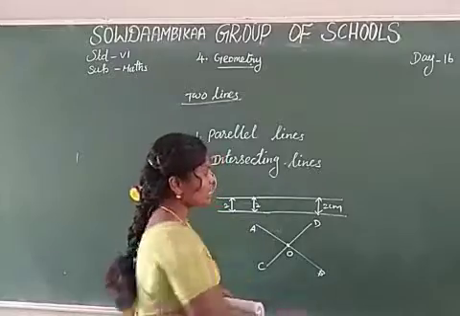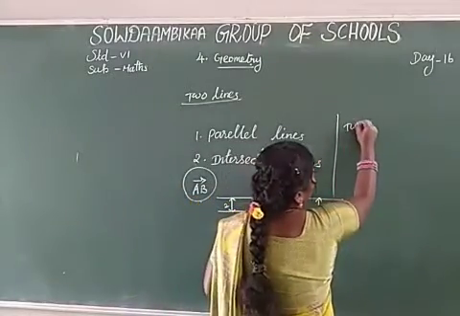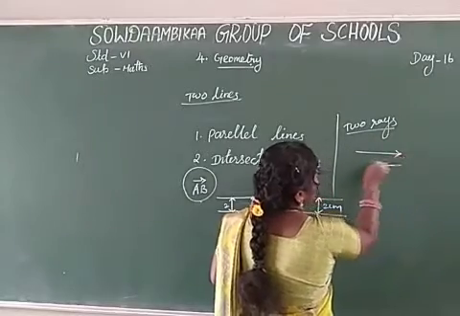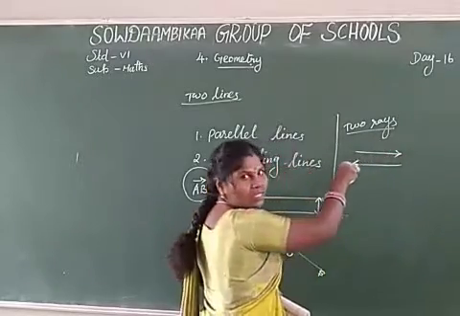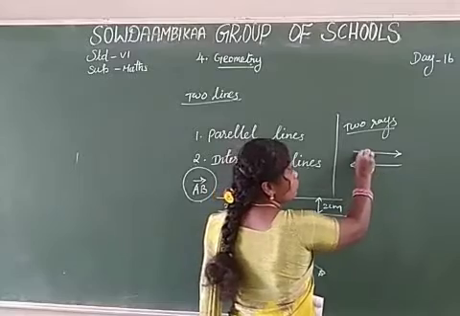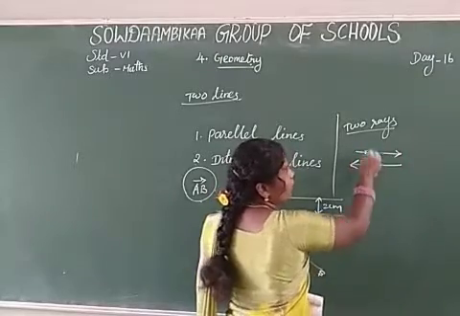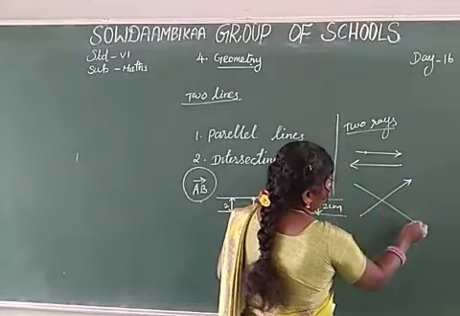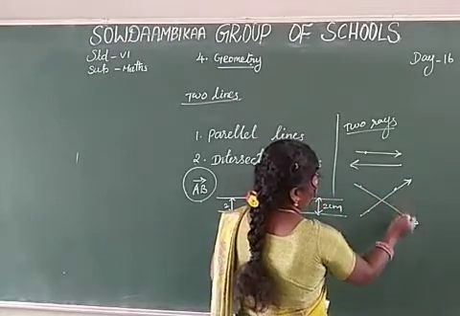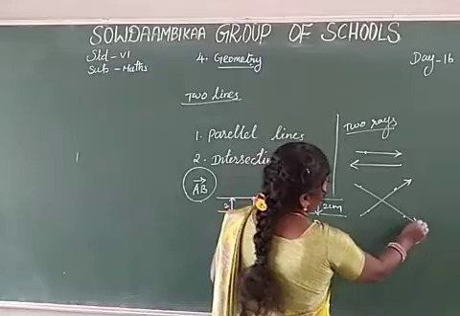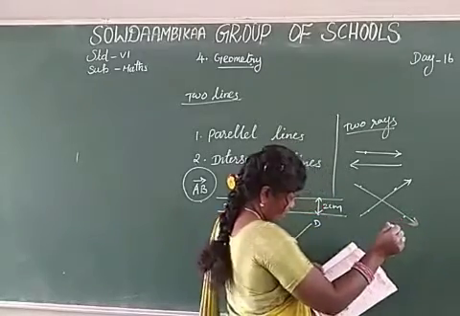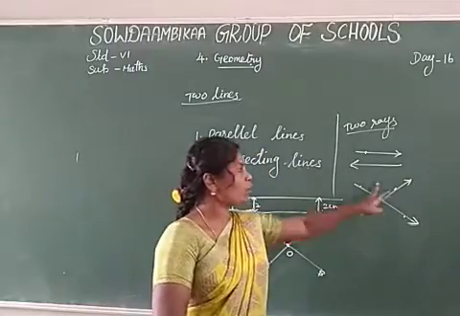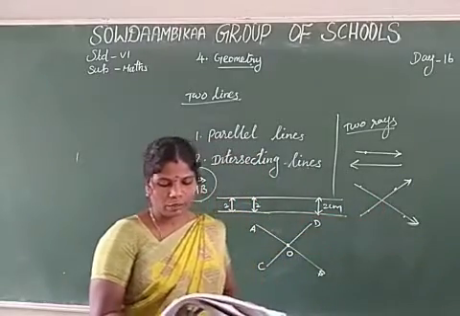Next, two rays. This is one ray. This is a parallel ray, with one starting point and no ending point. This is a parallel ray and an intersecting ray. Intersecting rays meet at one point.